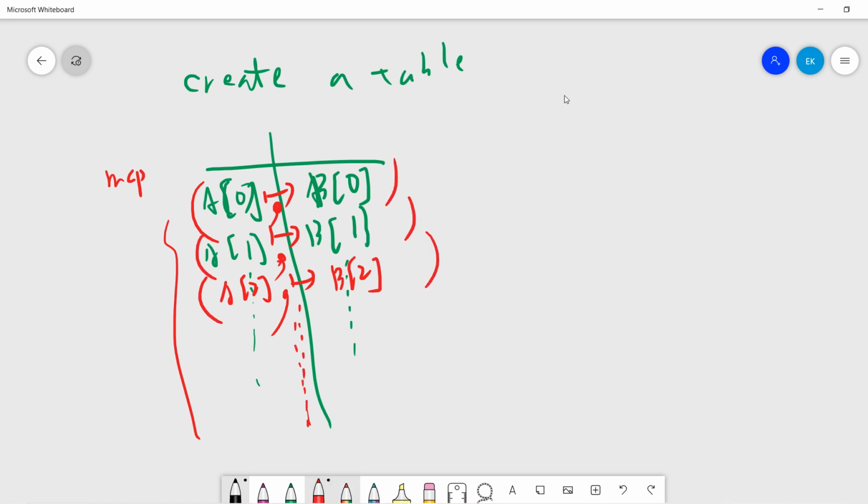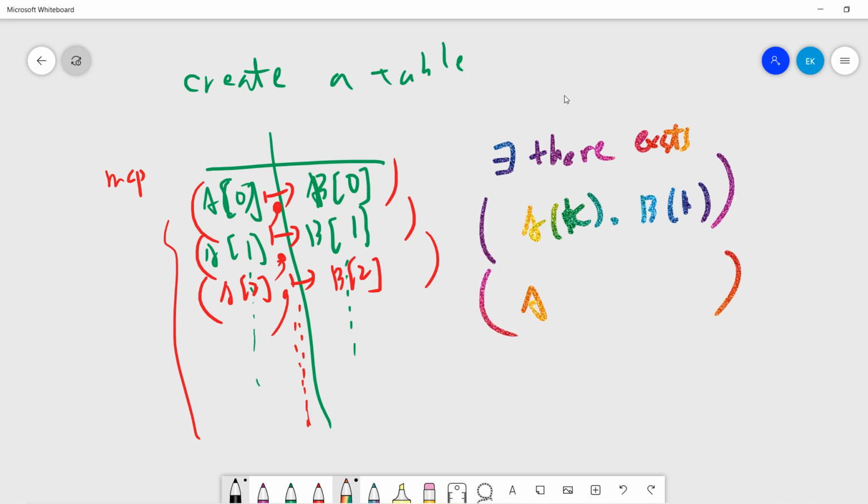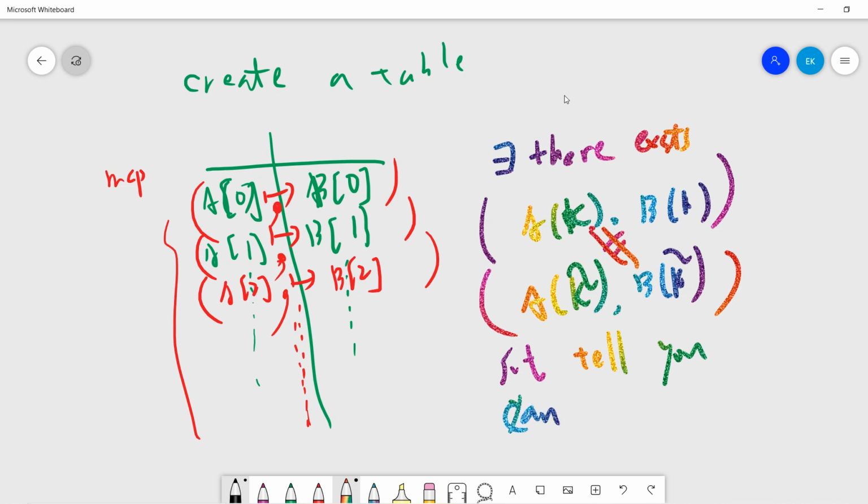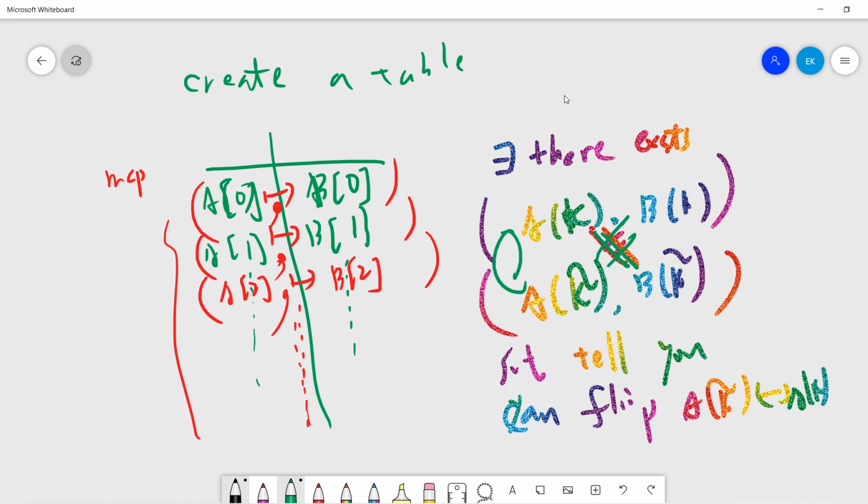If there exist A of K and B of K, and A of K tilde and B of K tilde, such that these two are the same and these two are the same, then you can flip, and then you can swap these two and get the correct one.